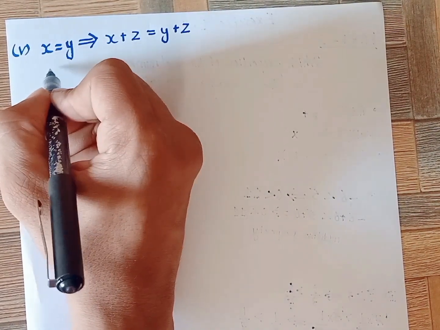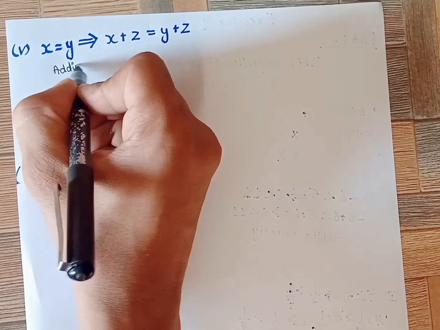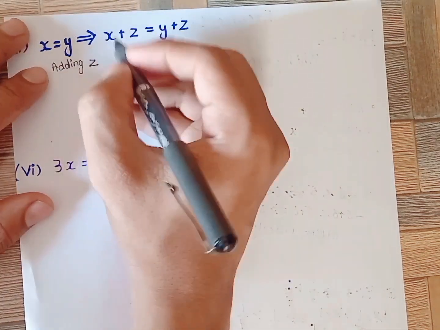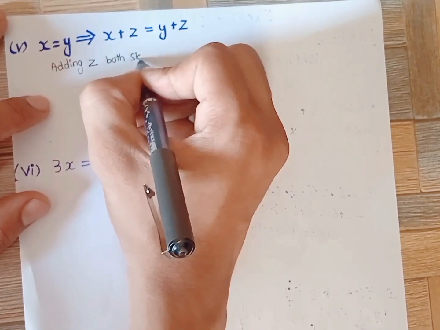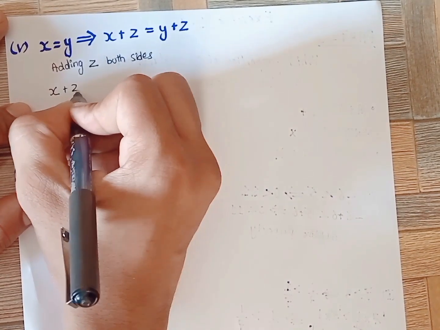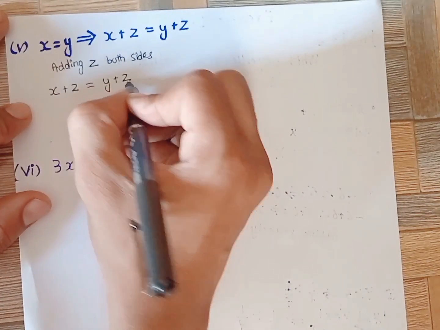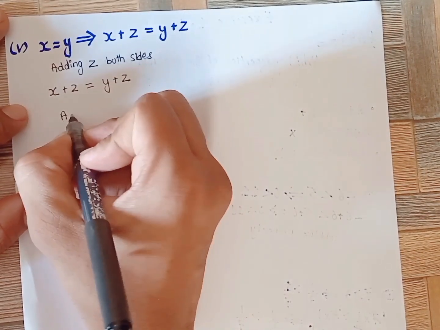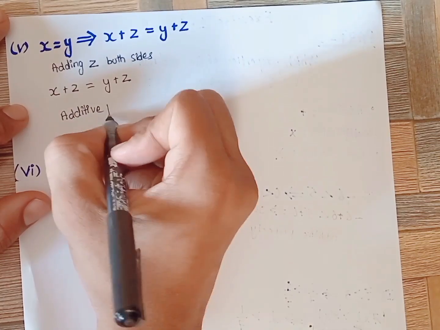We will be adding z to both sides. See, x plus z is equal to y plus z. We have done addition, so it is the additive property.